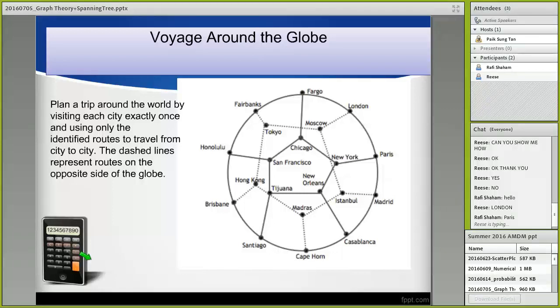Okay, let's see. Where's Paris? If we start with Paris, then can we go to London next? Okay, we can go to London next. Paris and then London. You see what I typed? So we are going from Paris and then London, and then where else should we go?